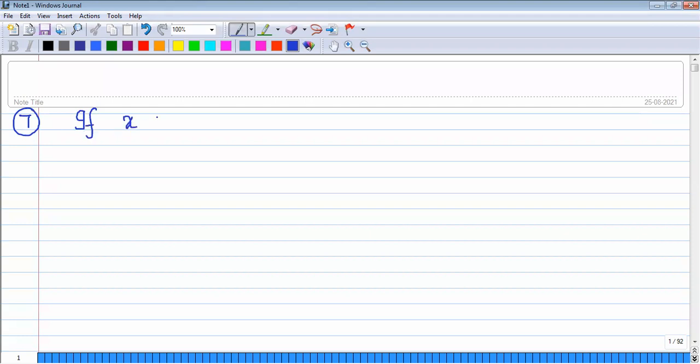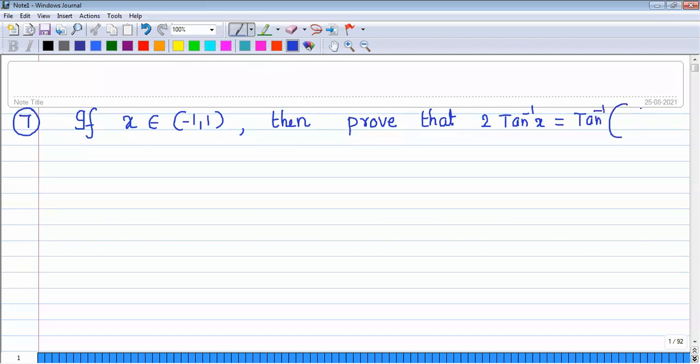If x belongs to the open interval (-1, 1), then prove that 2 tan inverse x equals tan inverse of 2x upon 1 minus x square.